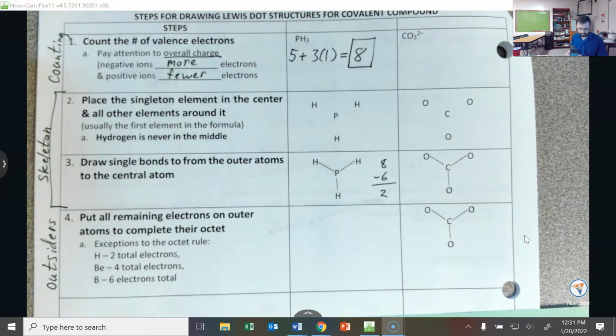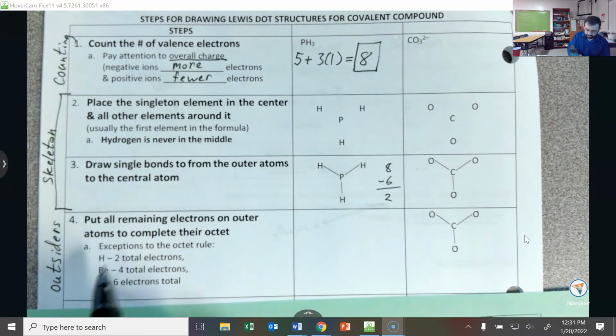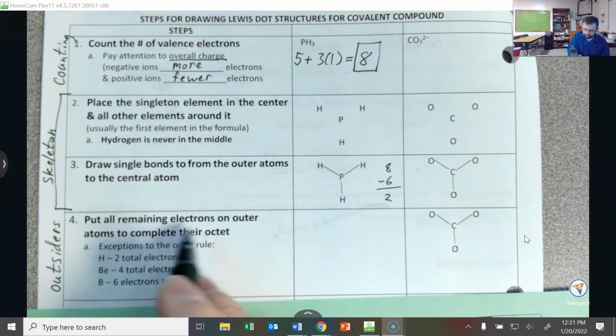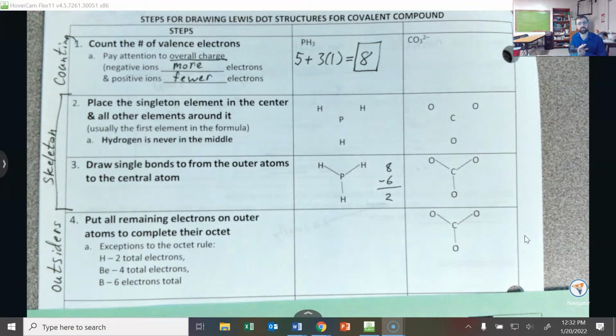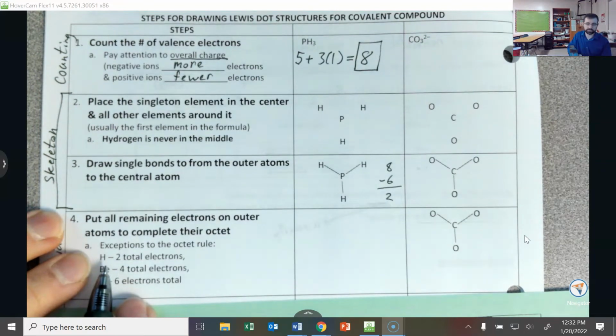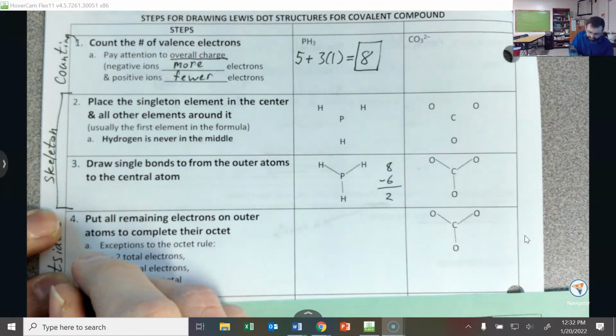The next step is the outsiders. We always take care of our outsiders first. That means we're going to put the remaining electrons, the ones that are left over, on the outside atoms first until the outside atoms have 8 valence electrons, or with our exceptions, hydrogen wants 2, beryllium wants 4, and boron wants 6. The most important one is hydrogen.